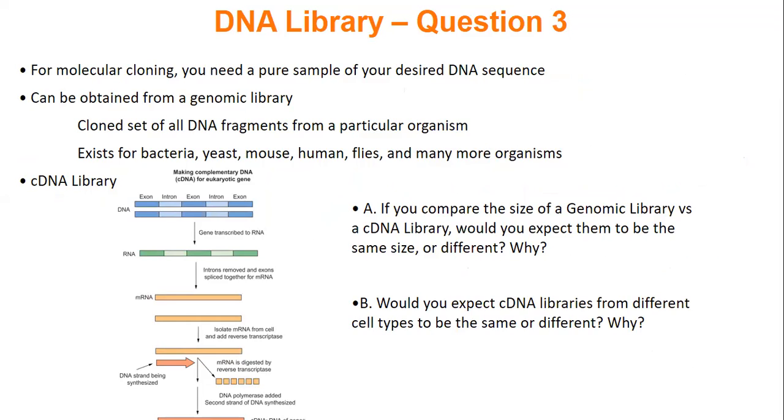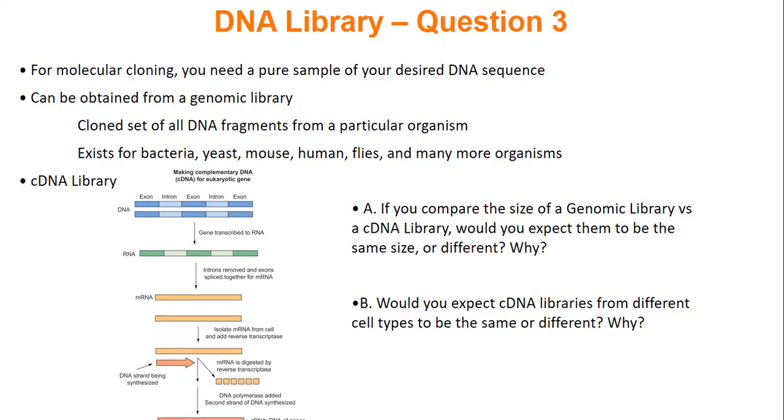The other way is through what's called a DNA library. A DNA library is a real thing. It's not just like a database. It's a place that probably has a lot of freezers that contains all DNA fragments of a specific organism.